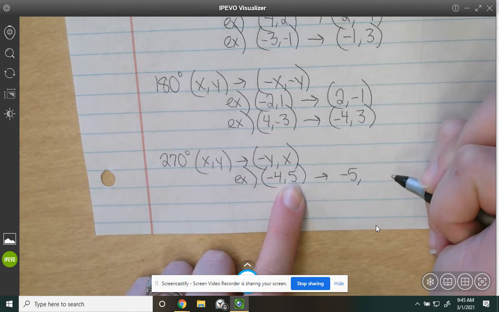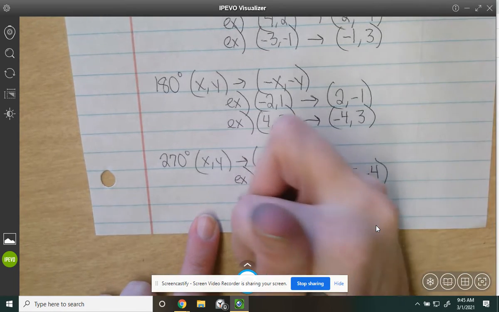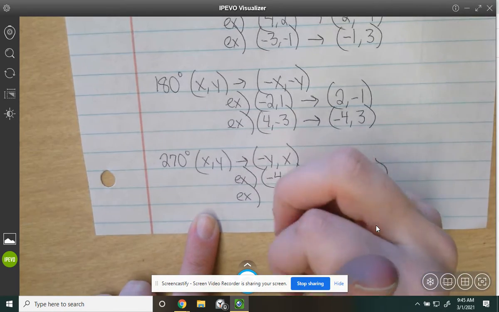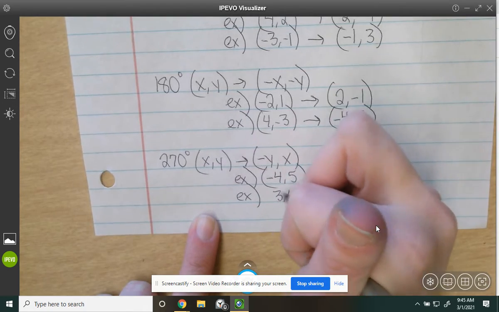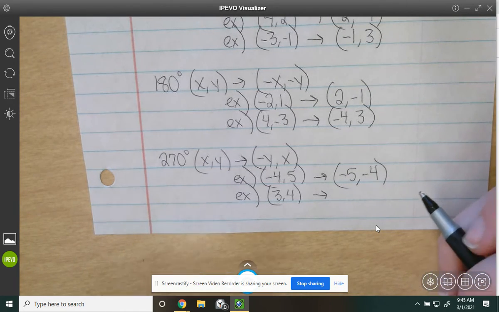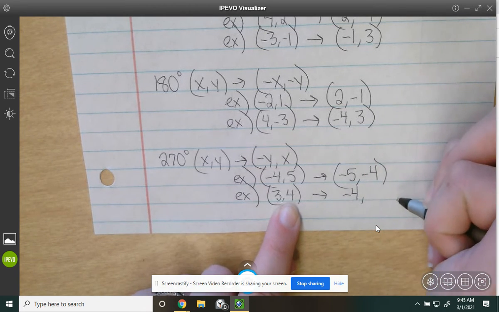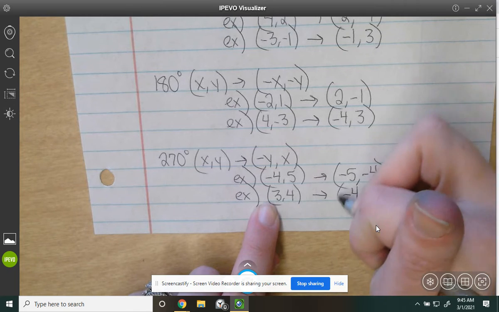It'd be a -5 first, and then this one stays the same. So you try this one, 3, 4. Okay, so flip-flop, but I have to change my Y, so it would be -4, and then that would be a still +3.